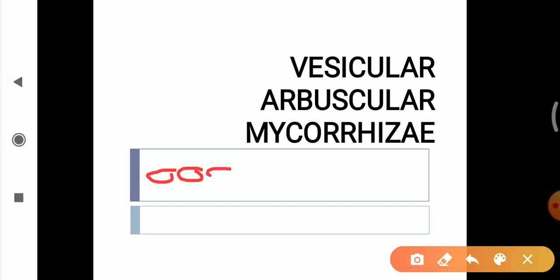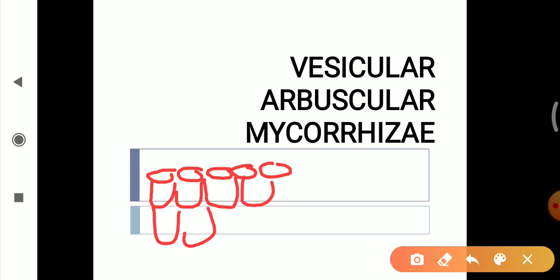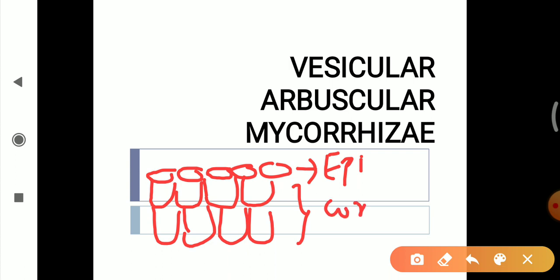This is the structure of the root. This is epidermis. This is cortex.